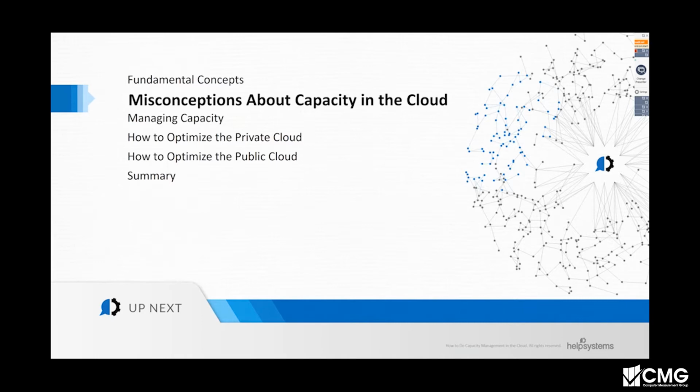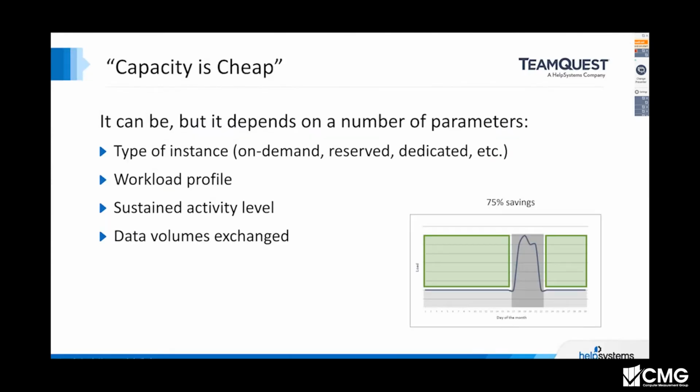Yeah, it can be. If you optimize your workloads, it probably is, but it depends on a large number of different parameters. To get cheap capacity in the cloud, you need to put some effort into optimizing the usage. You need to know the workload profile, for example. So if you have a low sustained level of activity and sudden peaks, and you allocate resources that cover that peak and leave it like that, it's certainly not going to be any cheaper.